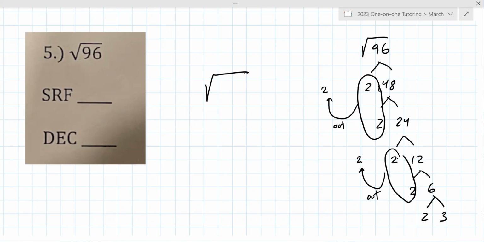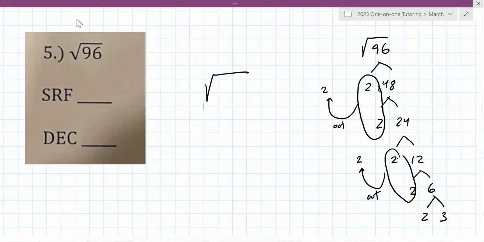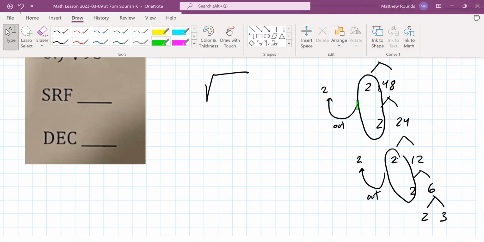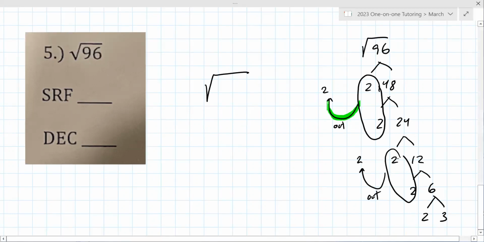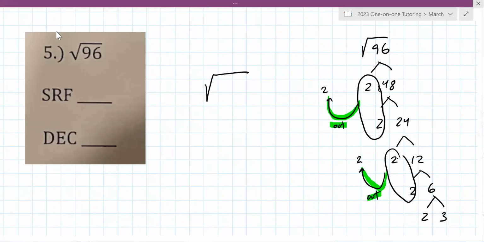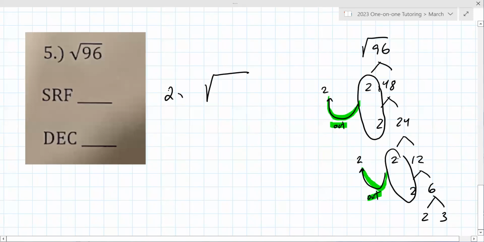That's still 3. Okay, so this is where I feel like you've not been paying attention. It's just right here. I have an arrow. I have the word out. 2 and 2. Yes. So whenever it says out, it means it's coming out.